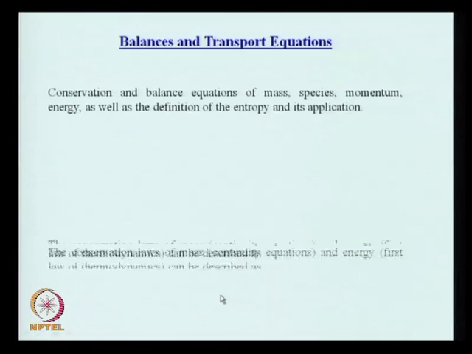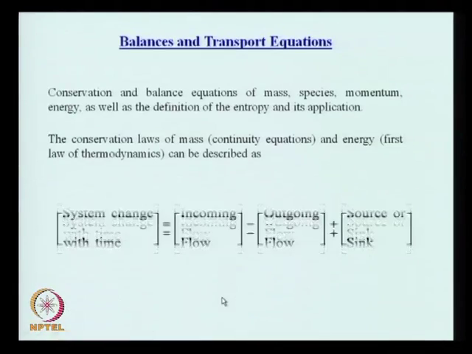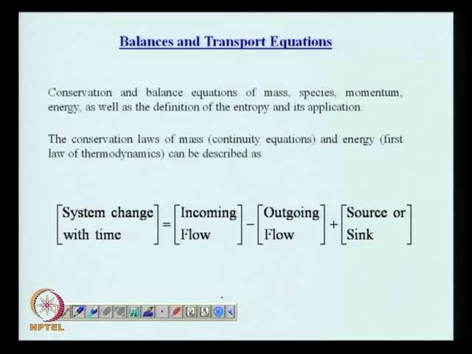But we are going to concentrate on the balance and the transport equation. Now, we are very much familiar with this type of equation, where a change in any property of the system, it could be the mass of the system, and the change in the mass of the system with time is a result of net flow, that is incoming flow, outgoing flow, plus any generation inside the system itself.